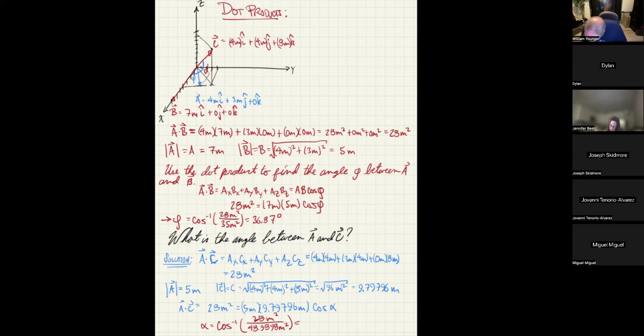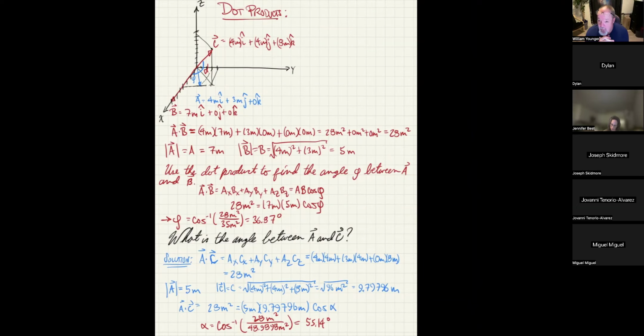So now I'm going to take the inverse cosine. I'm going to do cosine inverse parenthesis 28 divided by my previous answer. And that gives me 55.14 degrees.